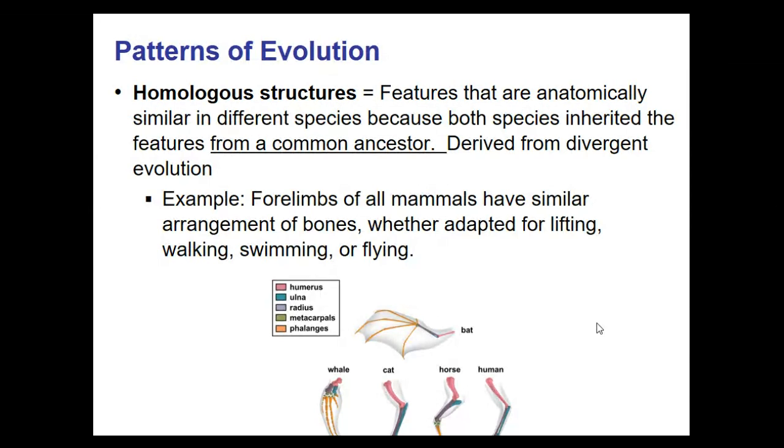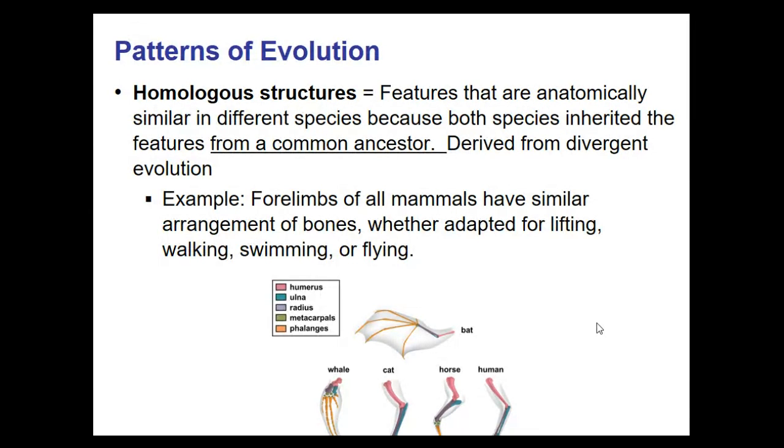But if you examine the bones closely, you'll see that all mammals have an upper arm bone, and then most of them have two forearm bones like we have, although in some cases those two are fused together into one bone. And then there are some wrist bones, and in humans there are 8 of them, but in other mammals some of them are fused together, so there might be fewer of them. But you can still identify that they came from a similar ancestor.